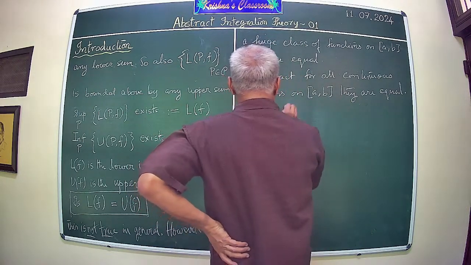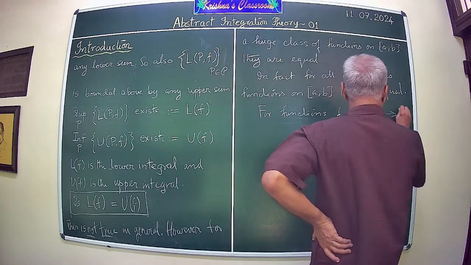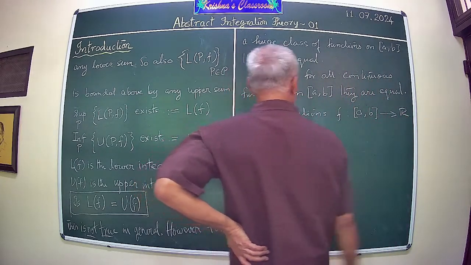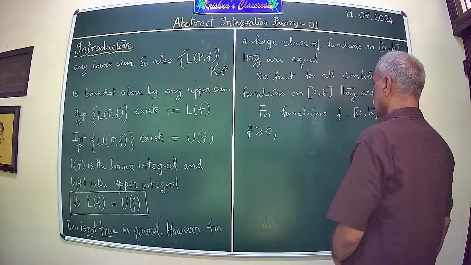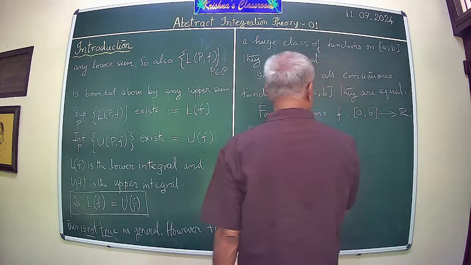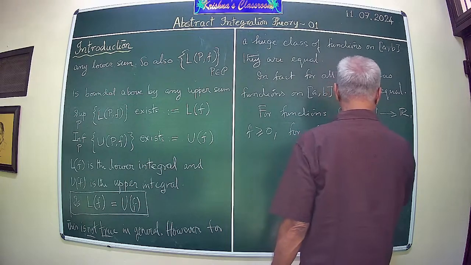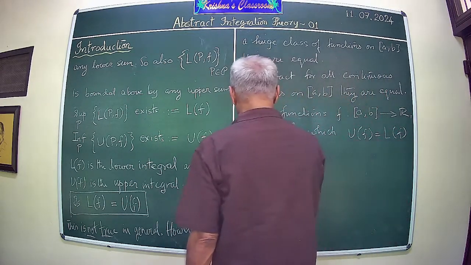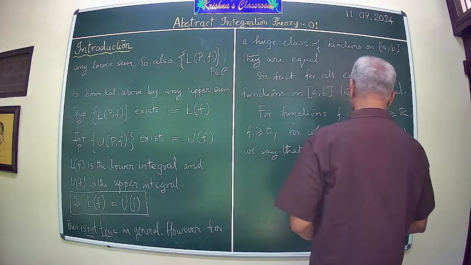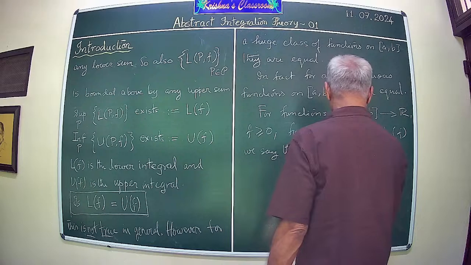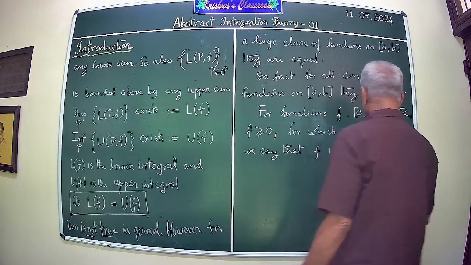For functions f, for the time being, this is an artificial restriction, we say that for which the lower and upper integrals are equal, we say that f is Riemann integrable.